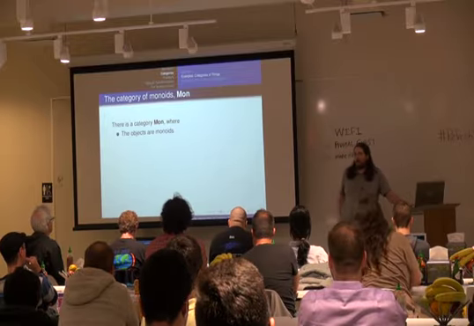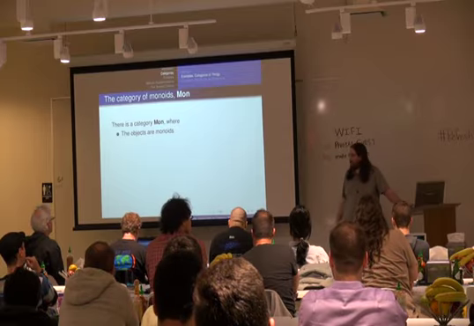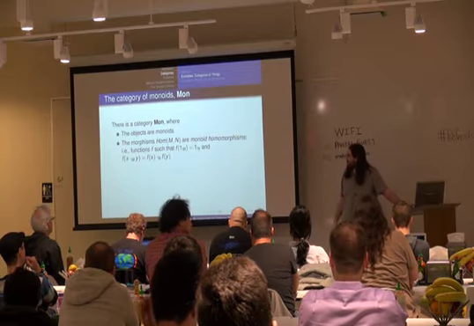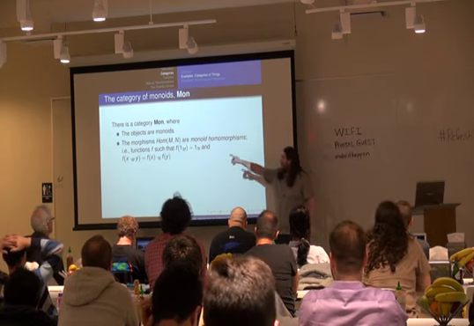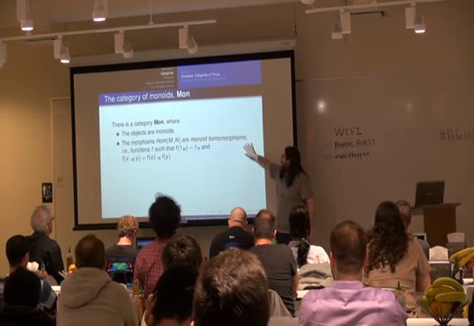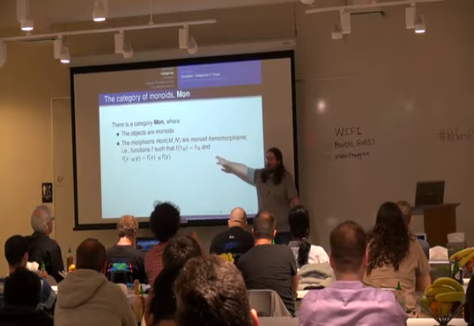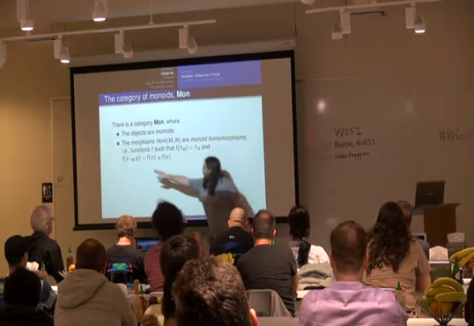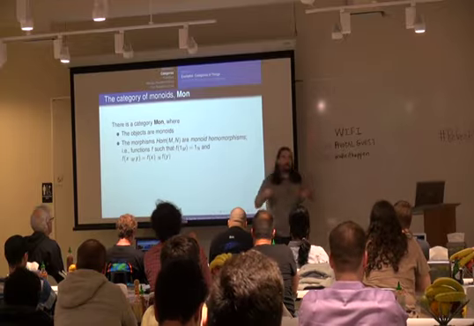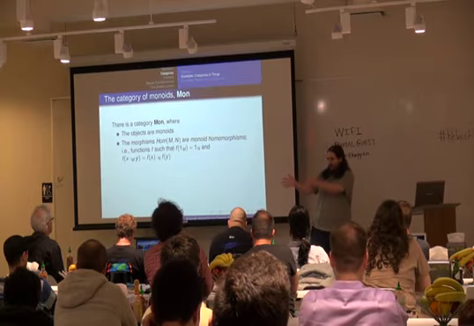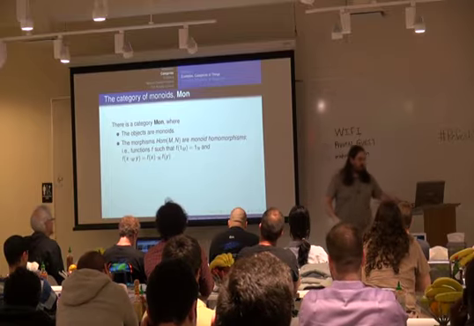Here the objects are monoids, so anything that has multiplication and identity and obeys the laws. The morphisms between a monoid M and a monoid N are called monoid homomorphisms. They're functions that take the identity to the identity and that take multiplication in M to multiplication in N. So it preserves both identity and multiplication.